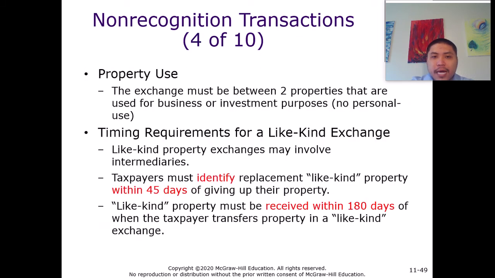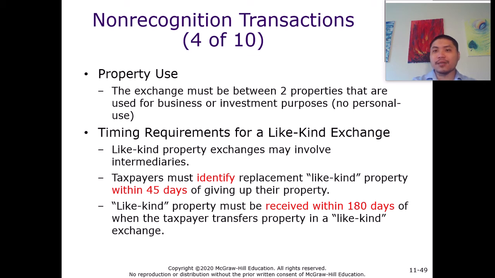So what happens in a like-kind exchange in terms of tax? How do we treat the tax for such a transaction? As I mentioned earlier, because this is a purely an exchange of properties, there's no cash, nothing else involved.